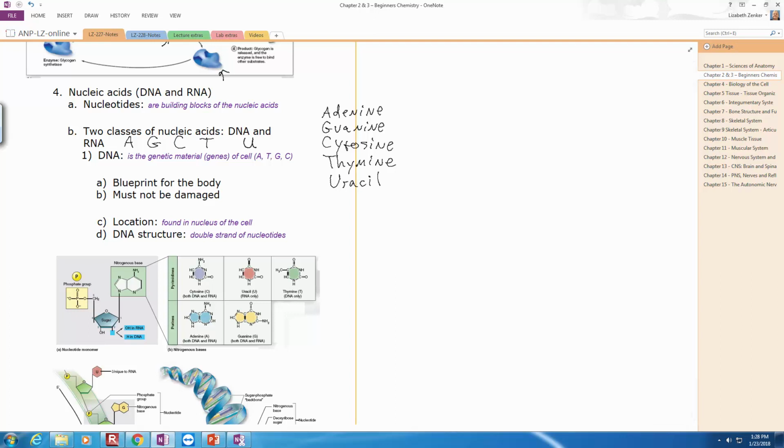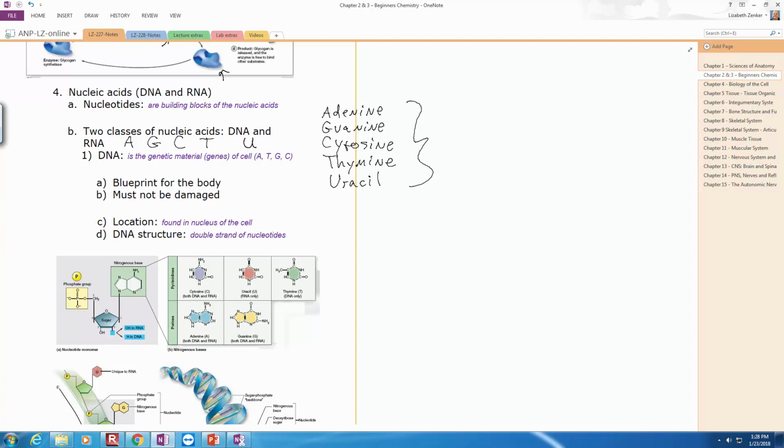All right, so those are the nucleotides. These molecules here are your monomer. We link these monomers together, and then we end up getting our polymer, if you will, which would be the DNA molecule or the RNA molecule.